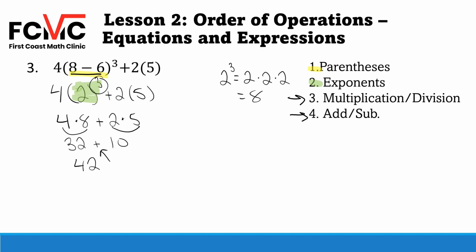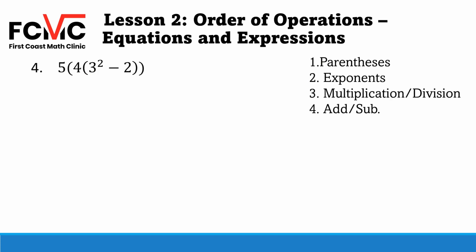All right, let's go to example number 4. Our last example, so we've got a couple sets of parentheses. We've got an exponent here. So let's start in the innermost parentheses right here. I'm going to pull that out just so we can get a better look at that expression. So that is 3 to the second minus 2.